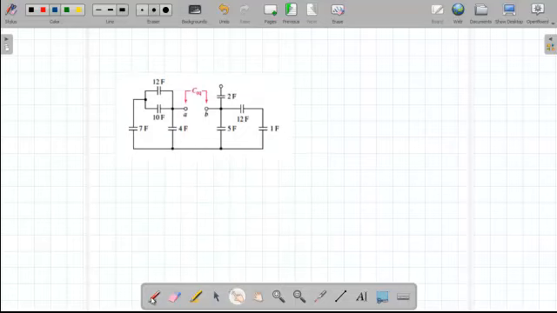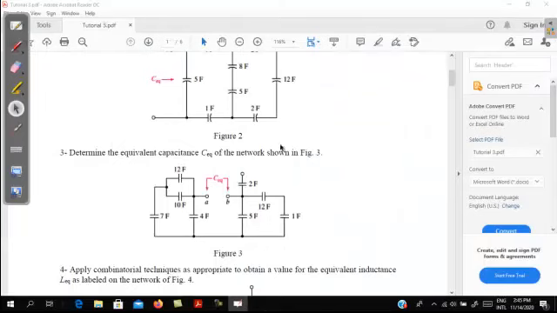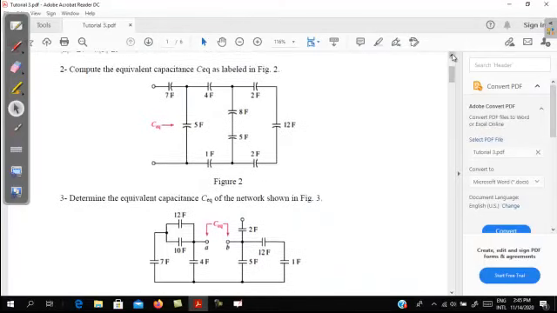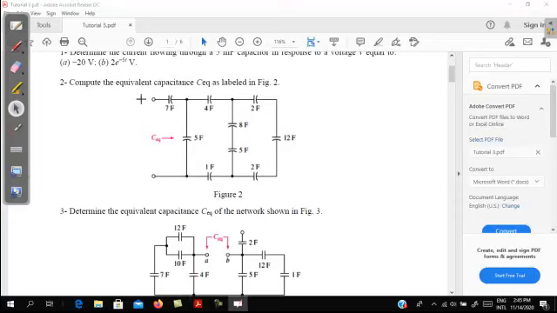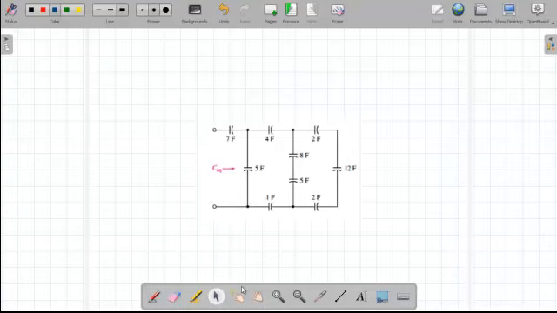So C equivalent will equal 3.62 farad. This is the answer for this one. For number 2, sorry for this mistake. So for number 2, this one, number 2, this is the answer.